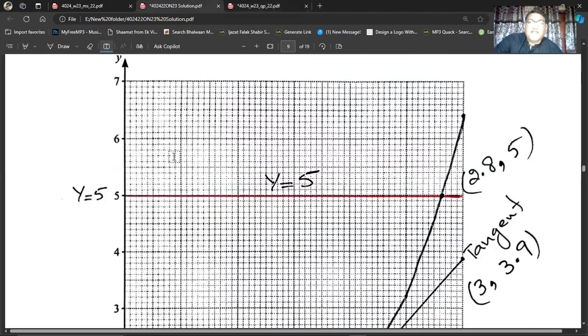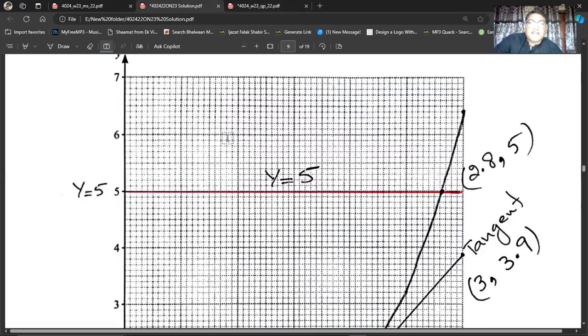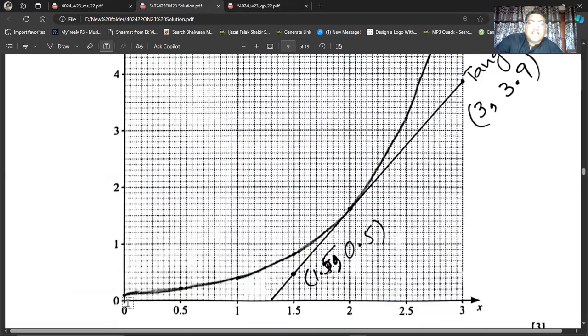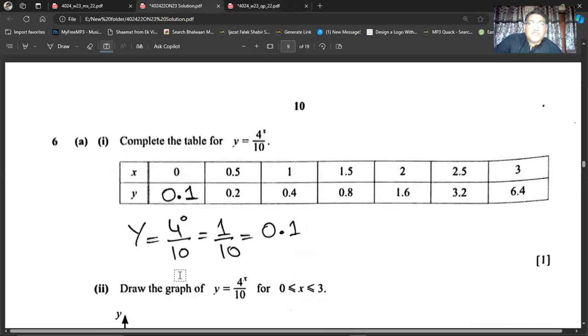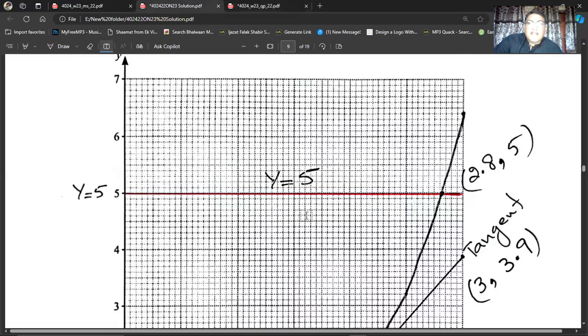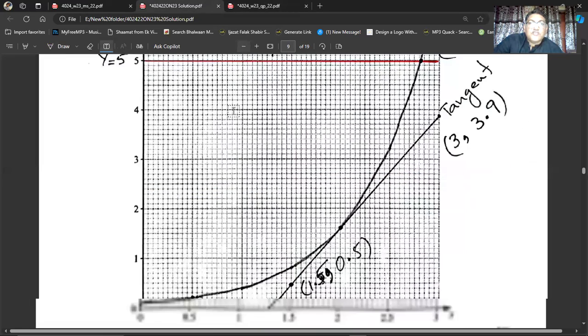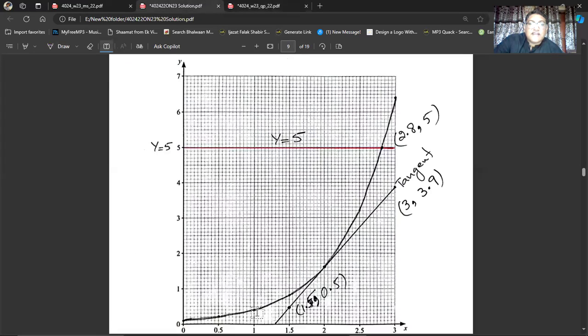So you simply have to plot these points on this graph. And after plotting these points, you join them with a curve. So you will get this curve.